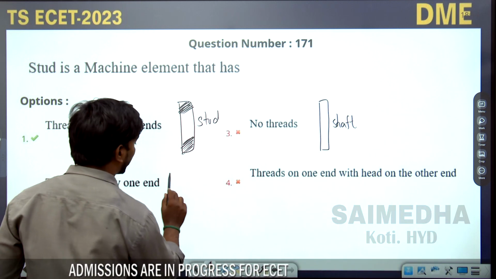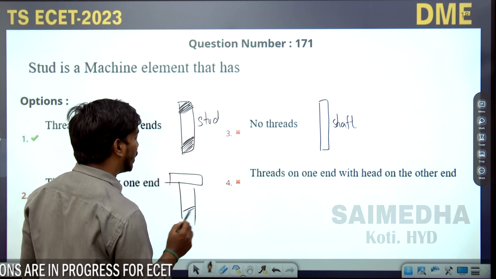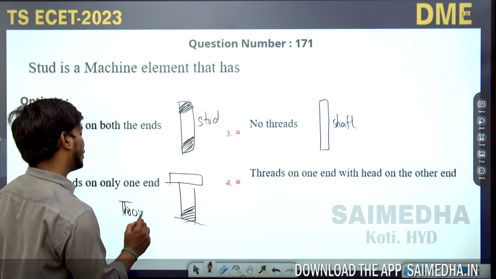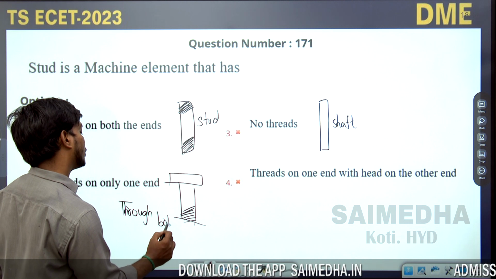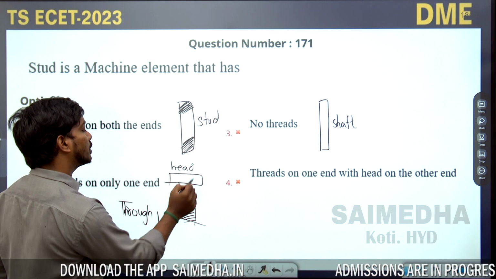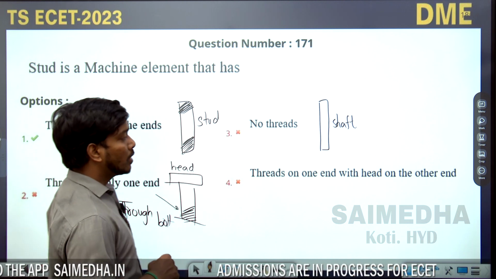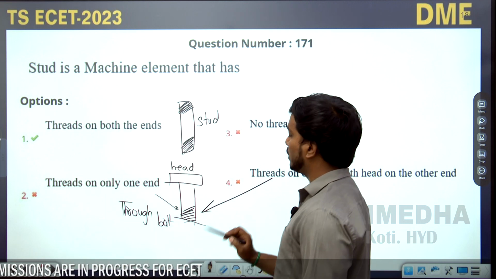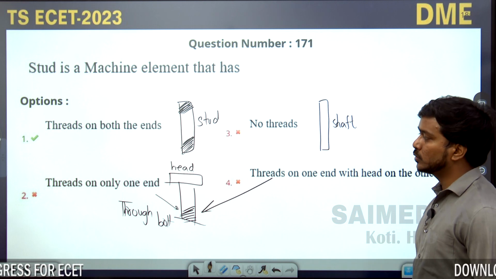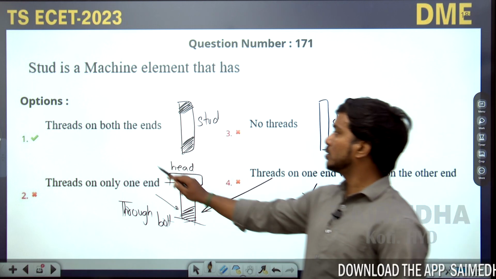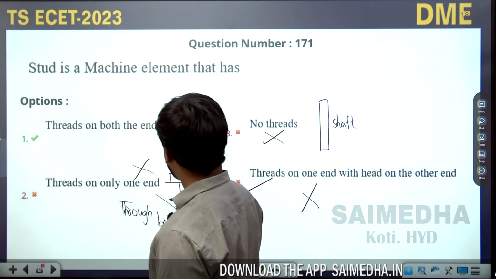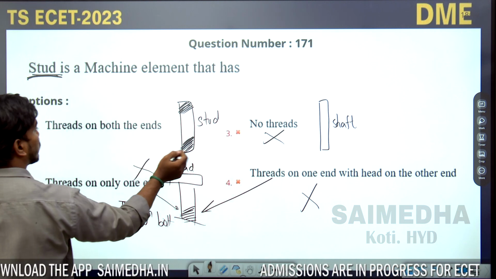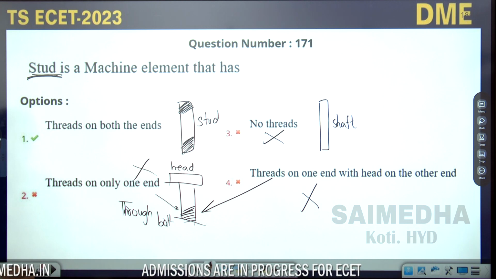Threads at only one end, head at one end and threaded portion at the other end, is usually a through bolt. So this is the wrong answer, this is also wrong, this is also wrong. A stud has threads on both the ends. Go for the next question.